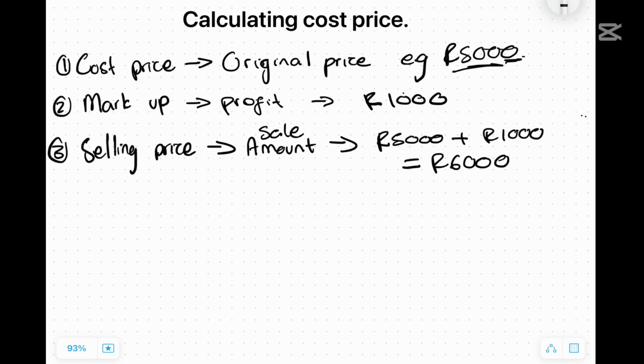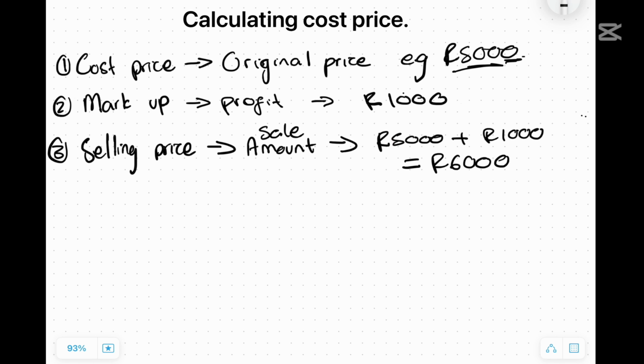Why is the cost price 100%? It's because it's the original amount. There is nothing more added to the amount. So the 5,000 from our example is the original price, meaning it's 100%. We didn't add any amount to it and we didn't subtract any amount. That's why our cost price, when we are working with percentages, is always 100%.